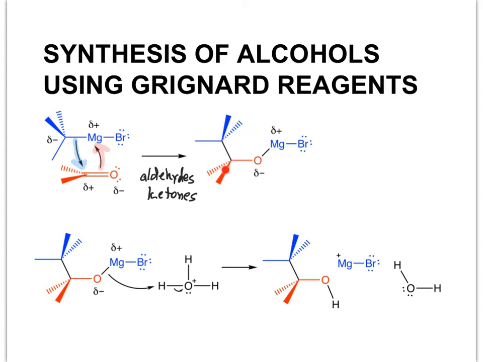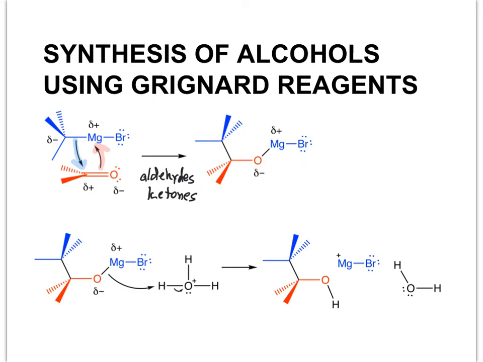This carbon becomes sp3, and we have created a new carbon-carbon bond. So using a Grignard reagent with an aldehyde or a ketone is a way of making a new carbon-carbon bond.